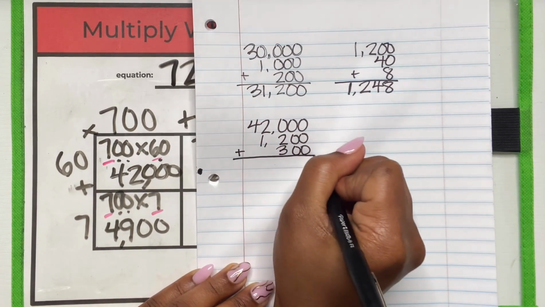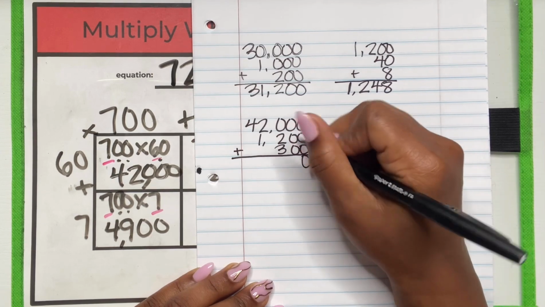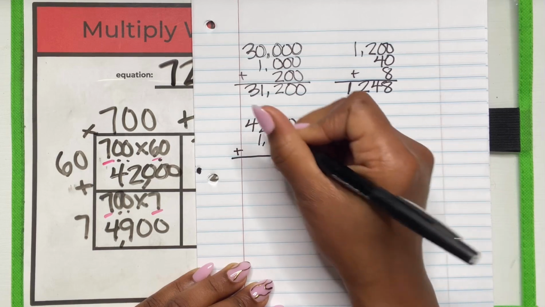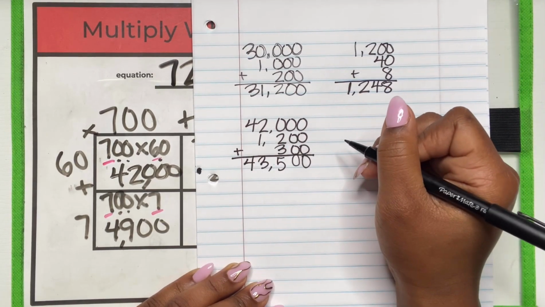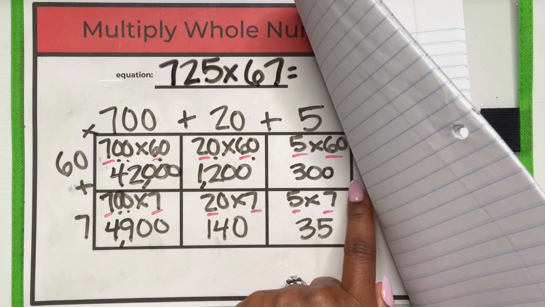Let's add those up. Starting here, 0, 0, 5, 3, 4. 43,500. That's the value of this first row.